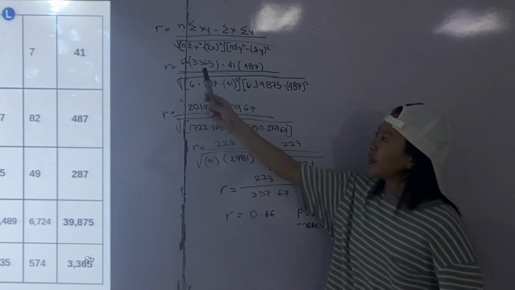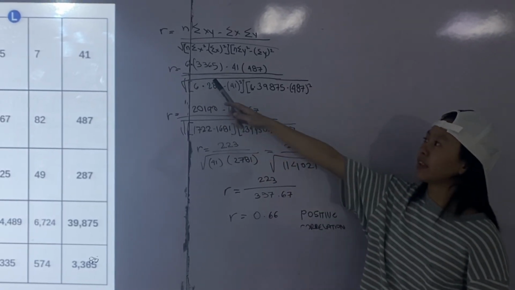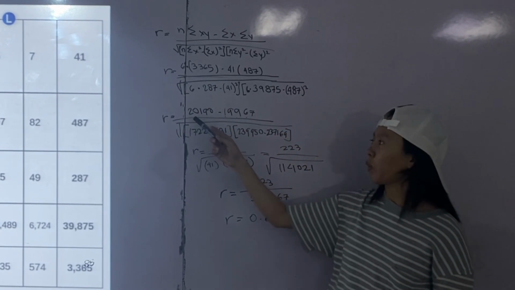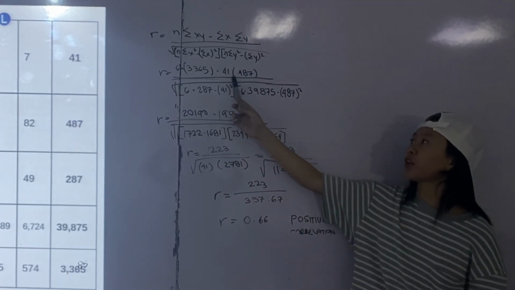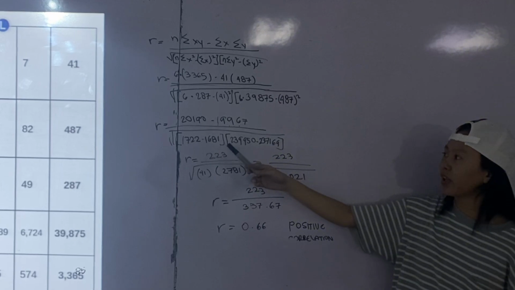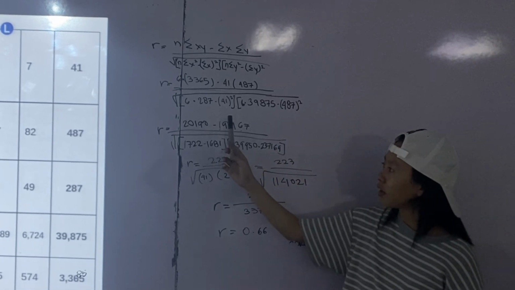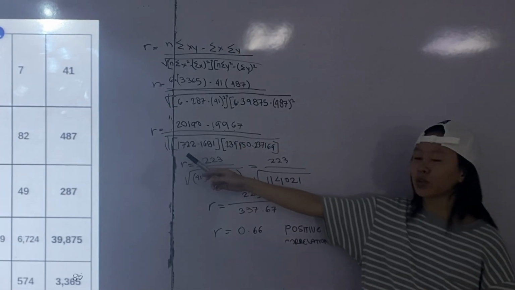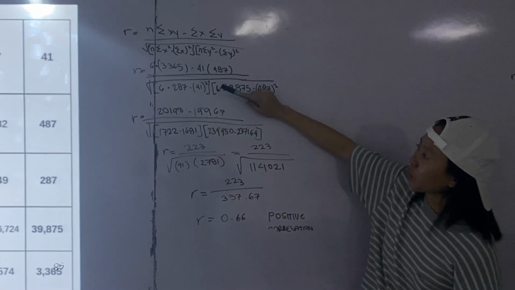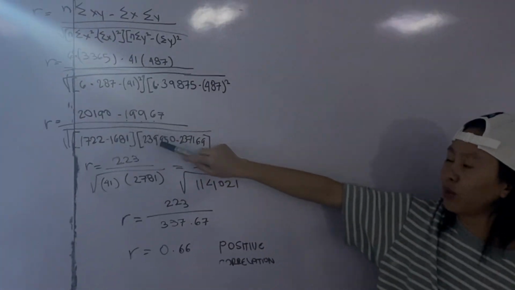And then multiply the 6 and 3365, that is 20190, and multiply the 41 and 487, that is 19967. Then multiply the 6 and 287, that is 1722, and square the 41, that is 1681.